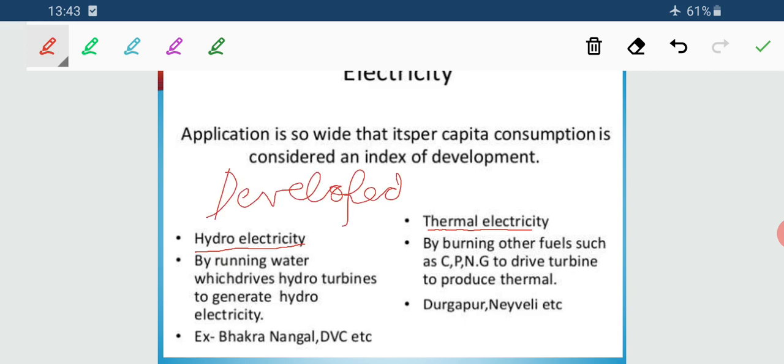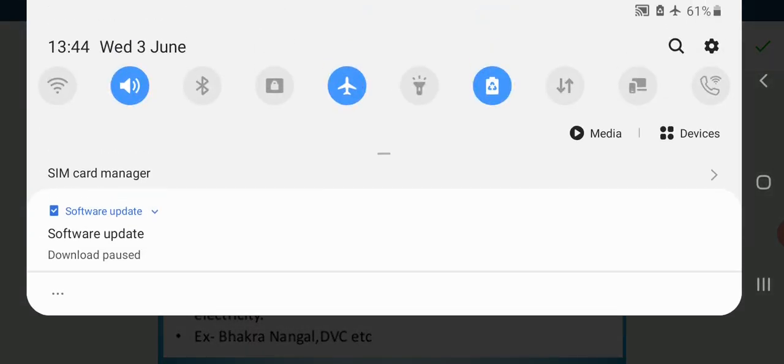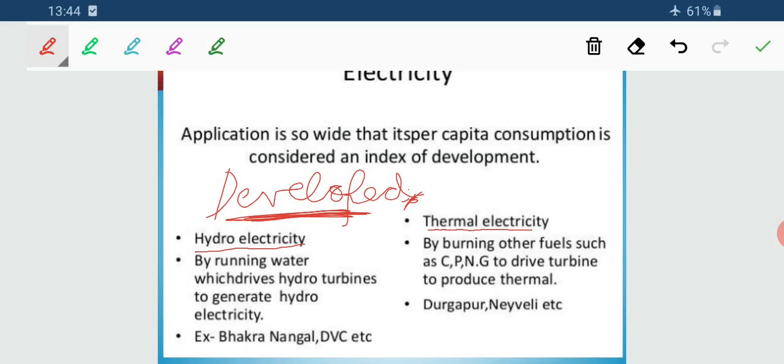So hydroelectricity got the status of a developed resource, so it comes under the category of conventional resources. And secondly, conventional resources are costly, so generation of hydroelectricity is also costly. Thus it comes under this category of energy resource.